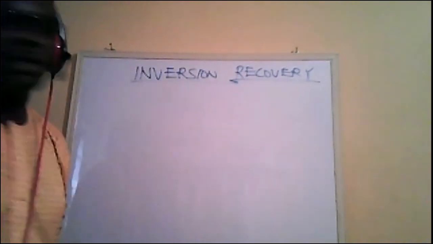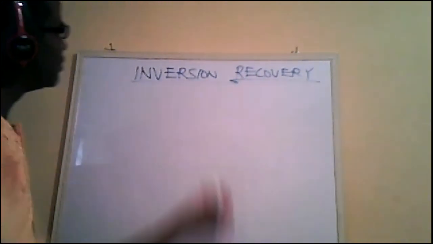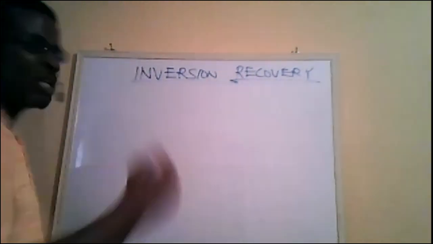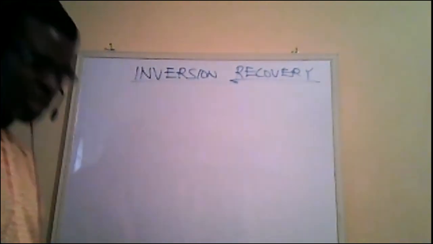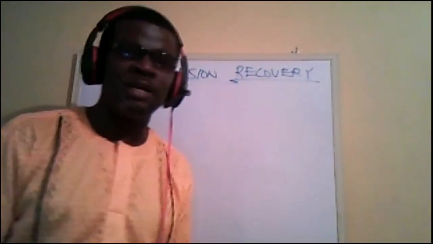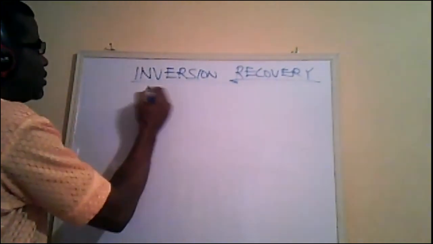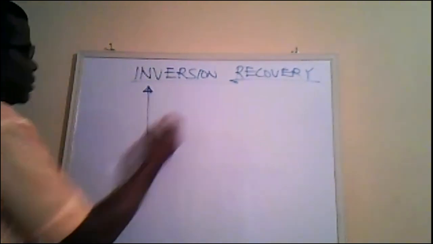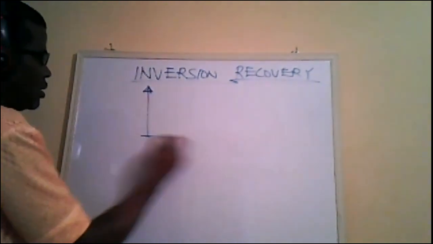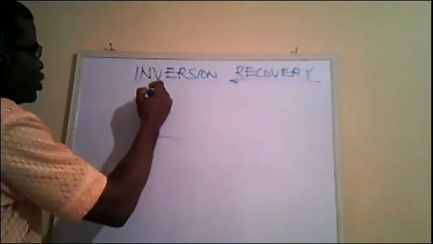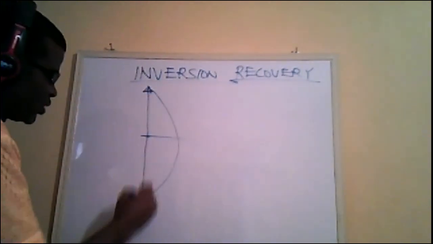Like we saw last time, inversion recovery is a step that starts with the application of an inverting pulse, so that the pulse inverts the magnetization. It notches it down 180 degrees.